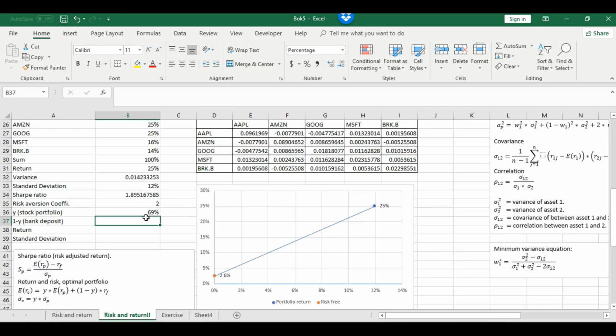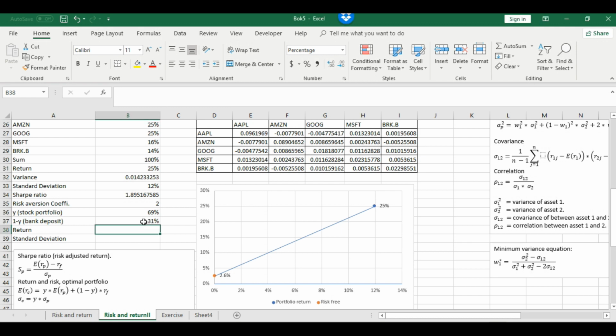So this gives 69% in the S&P 500 and 31% in the bank deposit.